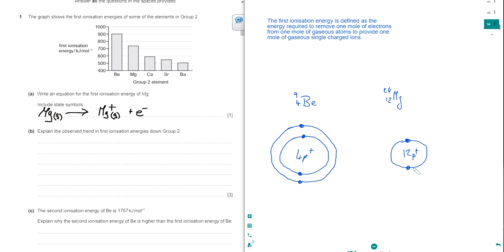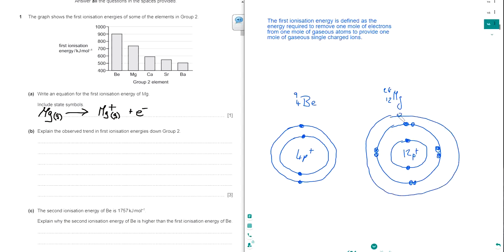First shell, 2 electrons, second shell, 8 electrons, and third shell, 2. So that's enough for now. That should be sufficient to explain the decrease in ionization energies when we go down the group.